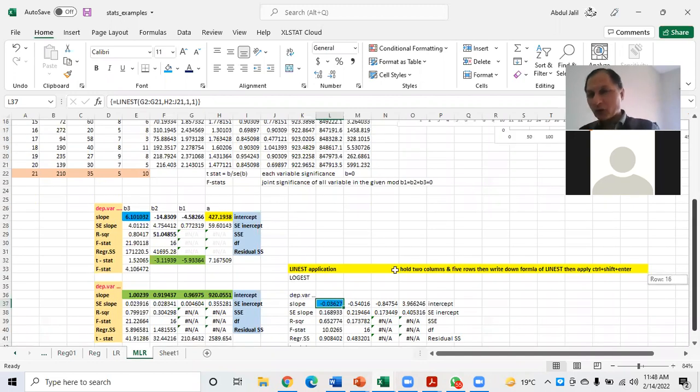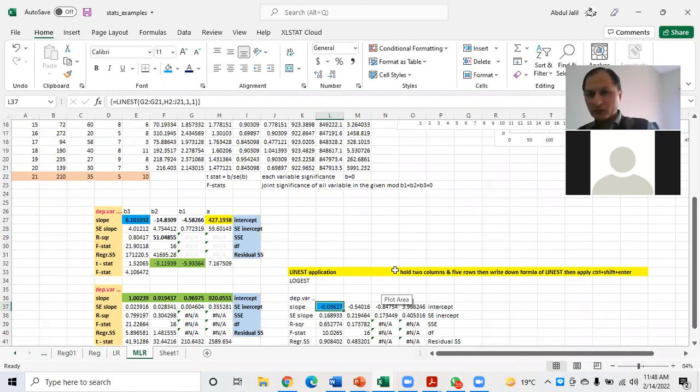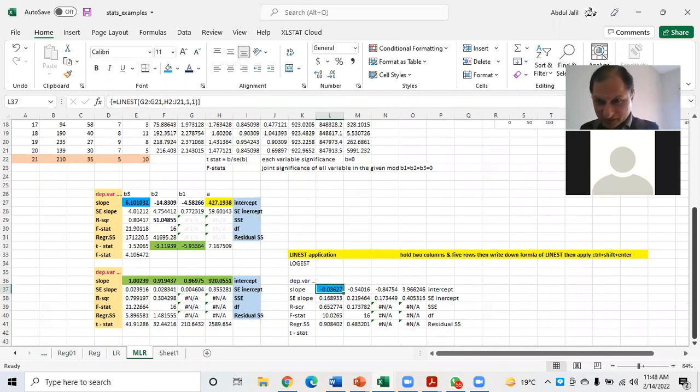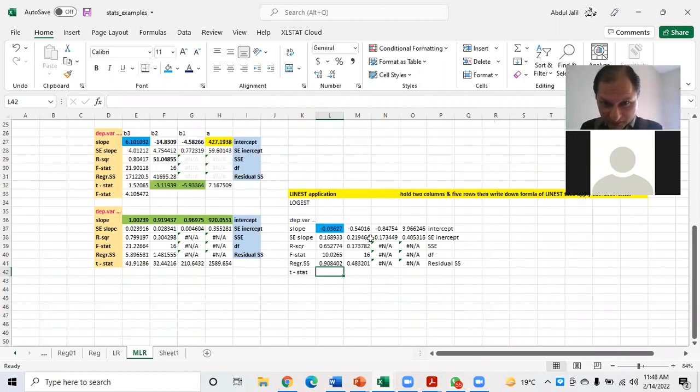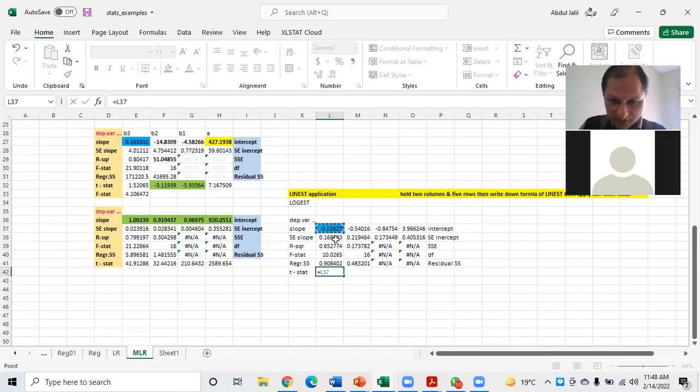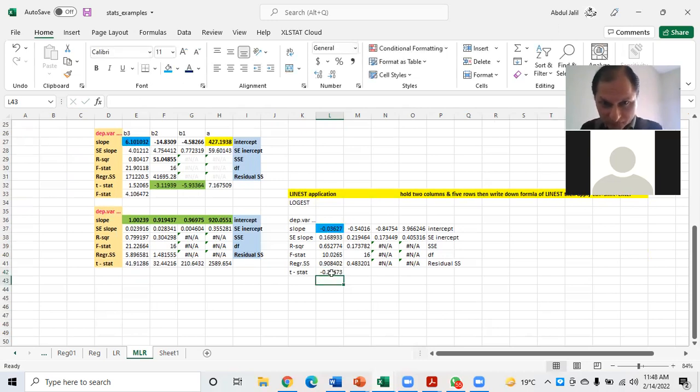Let's suppose after taking log, you run your model, and you are not getting the correct sign of this coefficient. Okay, what happens with the t value if we observe all these values? Slope is divided by the standard error, so luckily, or you can say, just to be realistic, this is not significant.